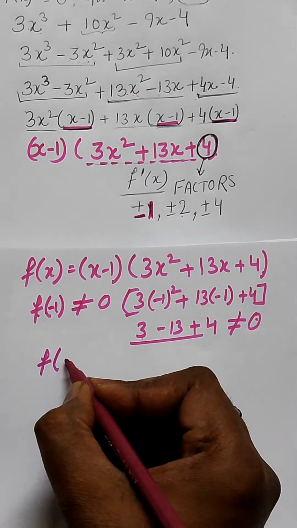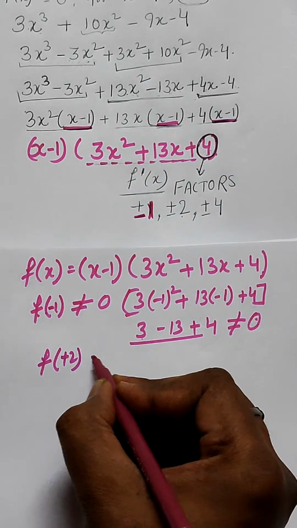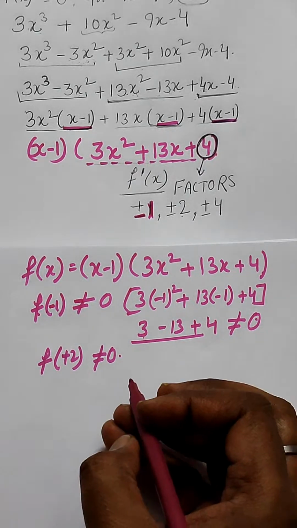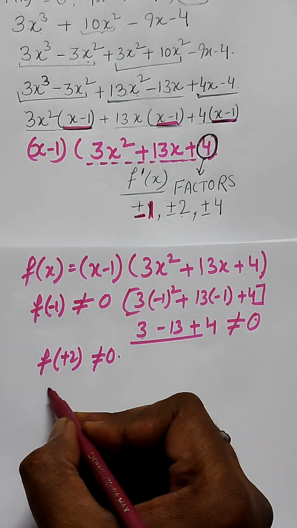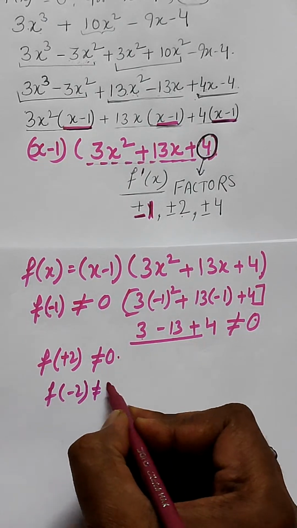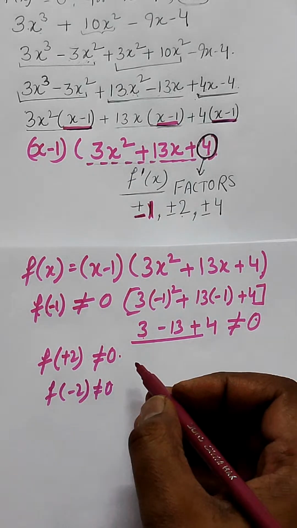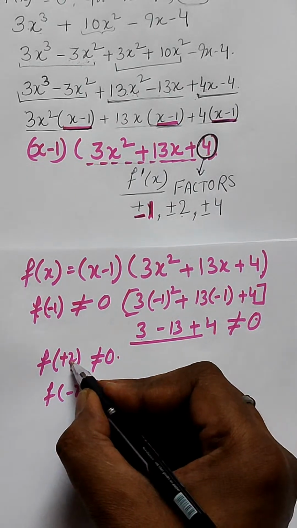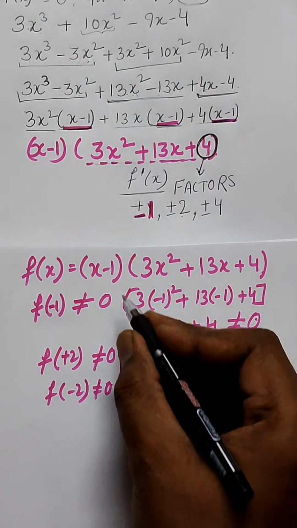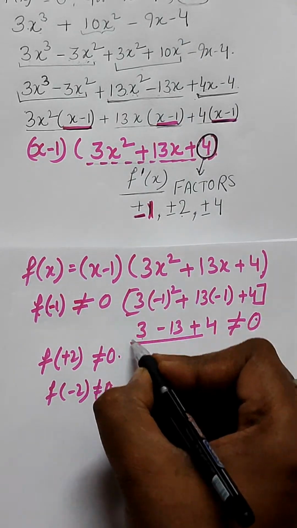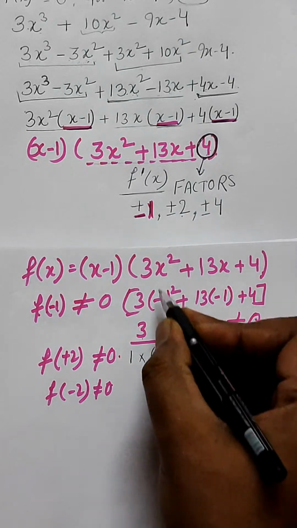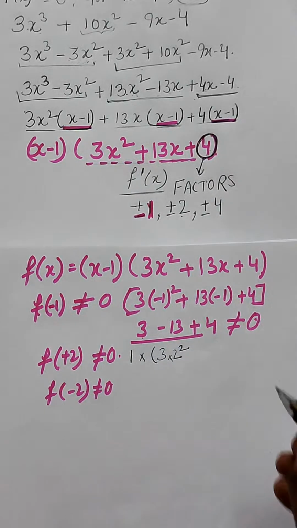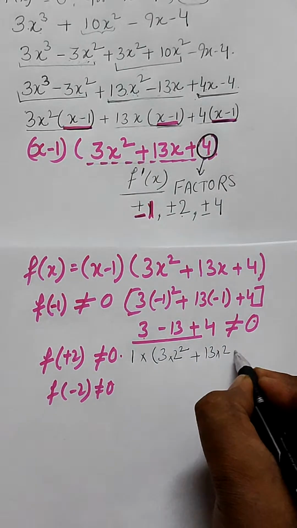Similarly, for f of 2, this is not equal to 0. You can check. I will not take that much time, right? And for f of minus 2 also, this is not equal to 0. You want me to check? Let us see. For f of 2, this will be 2 minus 1, so 1 multiplied by 3 into 2 square plus 13 into 2 plus 4.